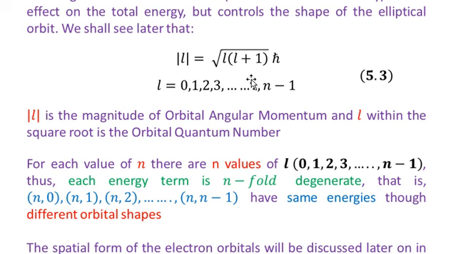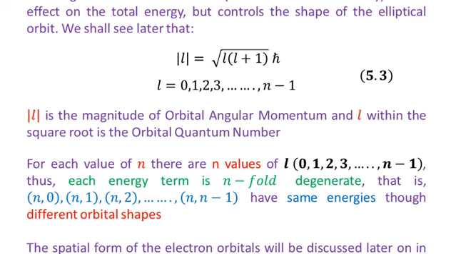These are in small alphabets because we are talking about only a single electron that is contributing to the angular momentum of the atom. So when the angular momentum arises due to a single valence electron, of course we shall use small alphabets as shown in equation number 5.3.